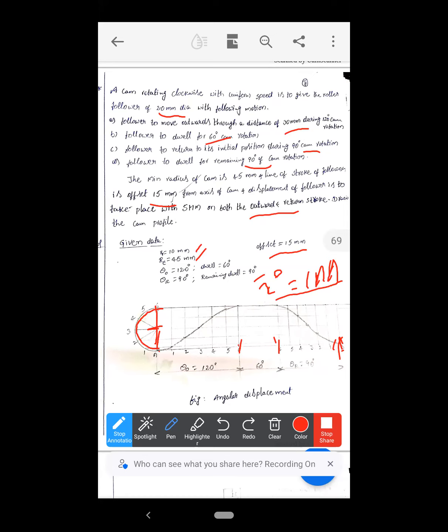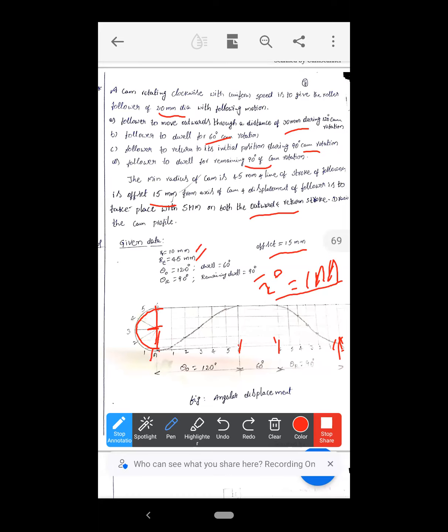The semicircle is divided into an even number of equal parts, let us say 6 parts. Each part is 30 degrees: 30, 60, 90, 120, 150, 180. Similarly divide the outstroke and return stroke periods. The outstroke is 60 mm, and 60 by 6 is 10 mm each.